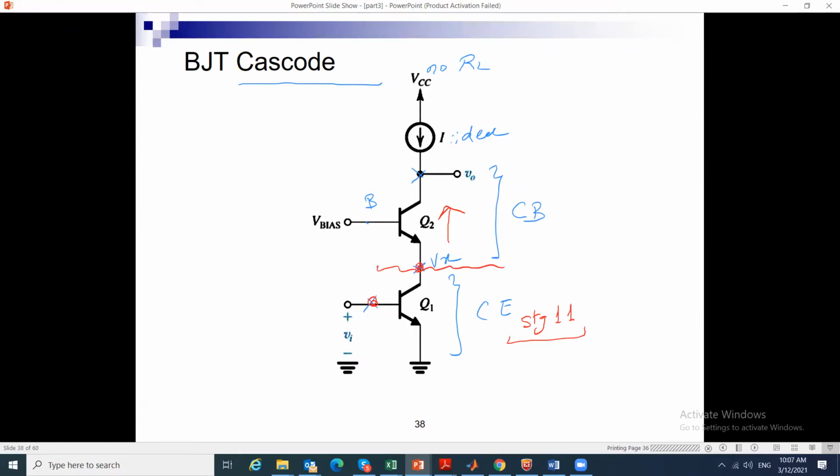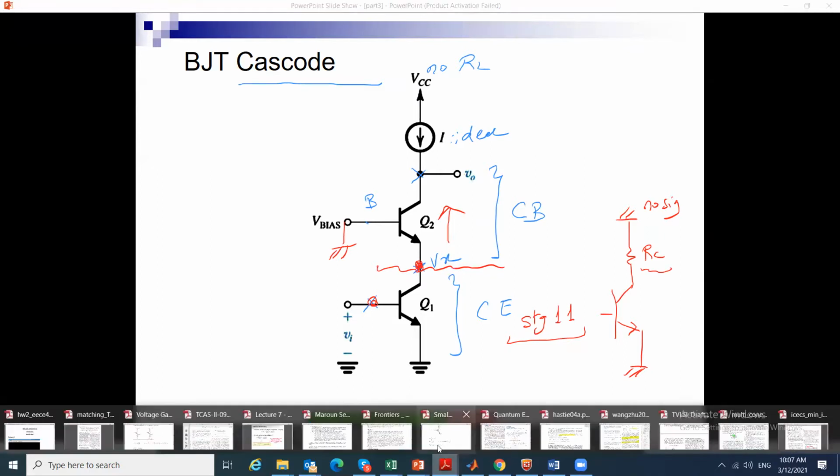Okay, because the formula sheet tells me what is the gain if I have some resistor RC here. Okay, this is no signal again. So I need to see what is RC, and RC would be the effective resistance from the resistor sheet looking into the emitter. Okay, so to find what RC is, we go to the resistor sheet.